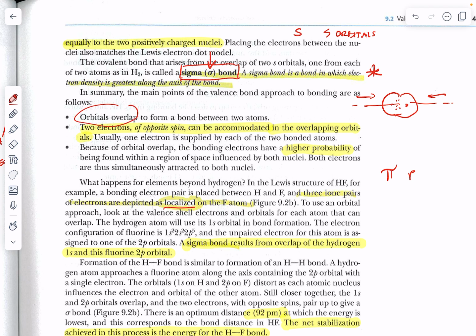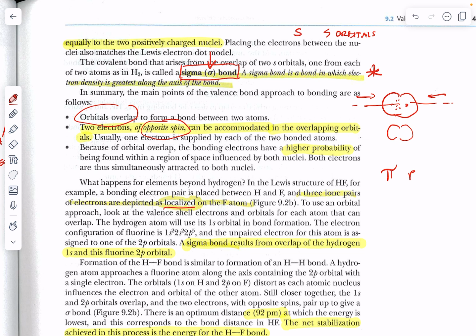And now we have two electrons in those two orbitals that are now like one big orbital with a shape that looks kind of like this. And they must have opposite spin, of course, in order to coexist in the same orbital.